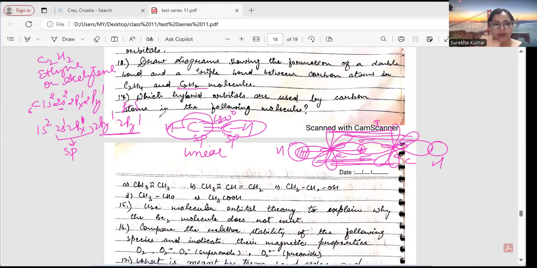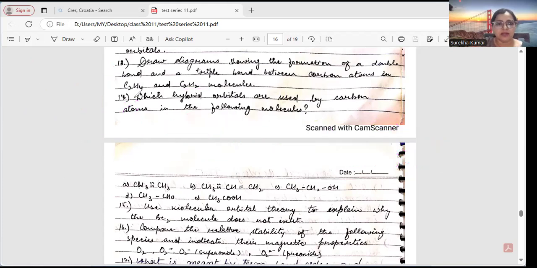Next is, which hybrid orbitals are used by the carbon atom in the following? Wait. CH3, CH3. There should be a single bond. sp3 hybridization, sp3. CH3, this should be the single bond, sp3.